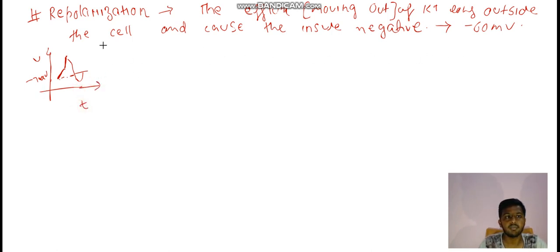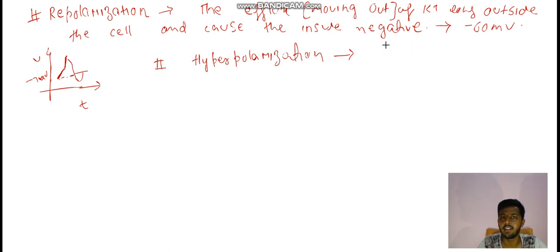So after depolarization the next phase is hyperpolarization. What is hyperpolarization?